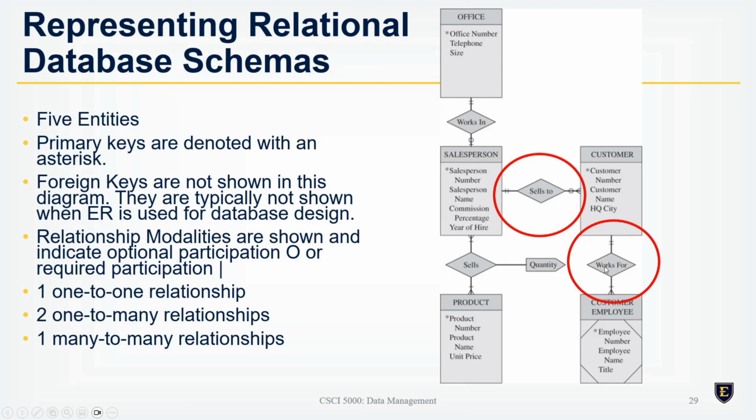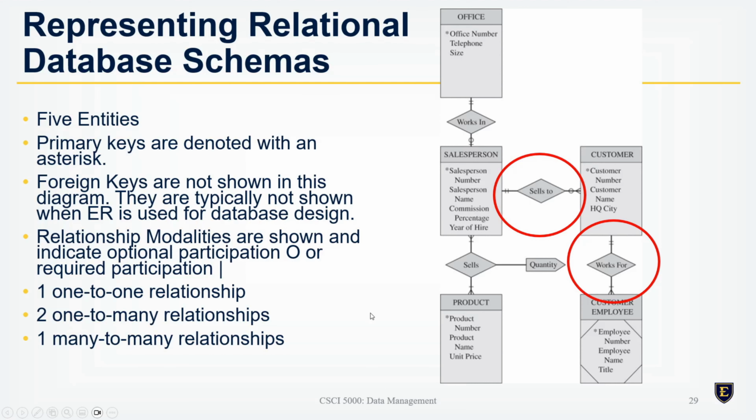And a customer works for many customer employees, and then that customer employee works for one customer. This is actually a special type of entity that more fully describes a customer who is also an employee.